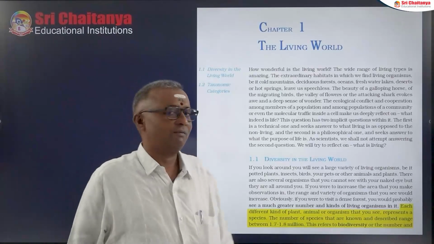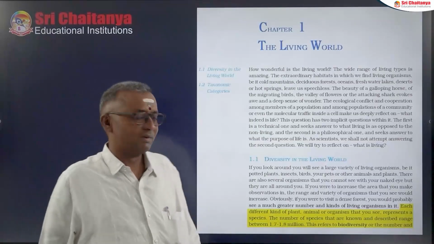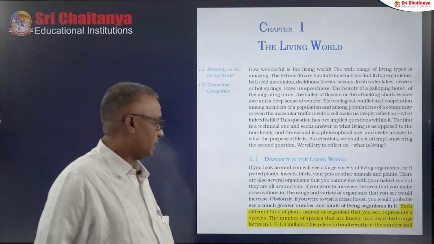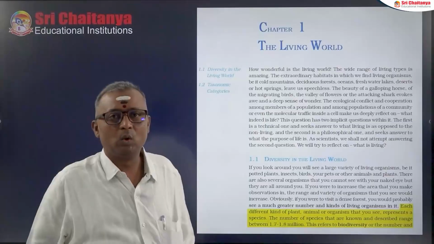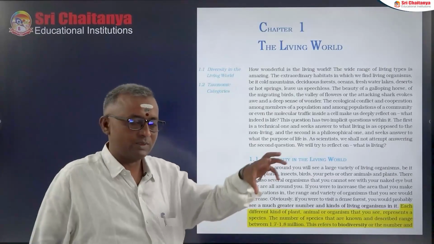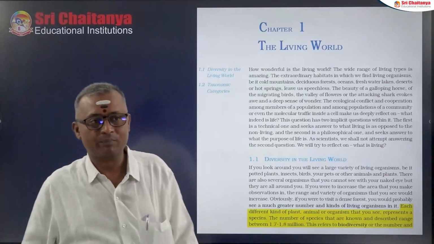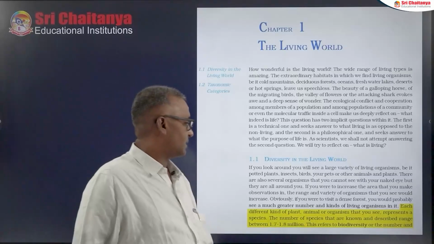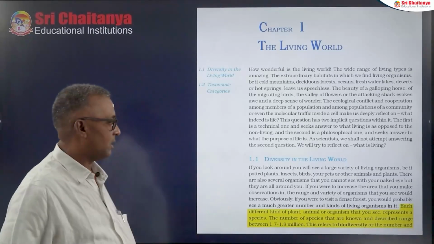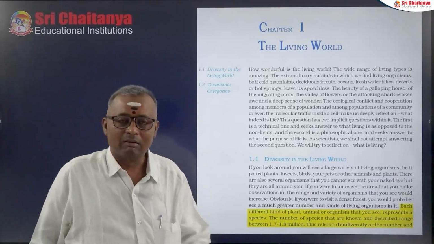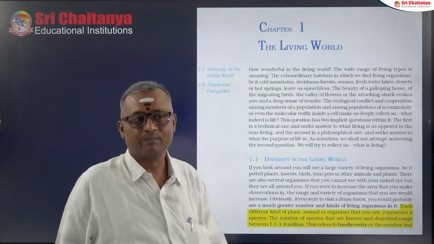In the diversity of the living world, as you know, 1.7 to 1.8 million species are present in this world. Now these kinds of plants, animals and organisms that you see represent a species.